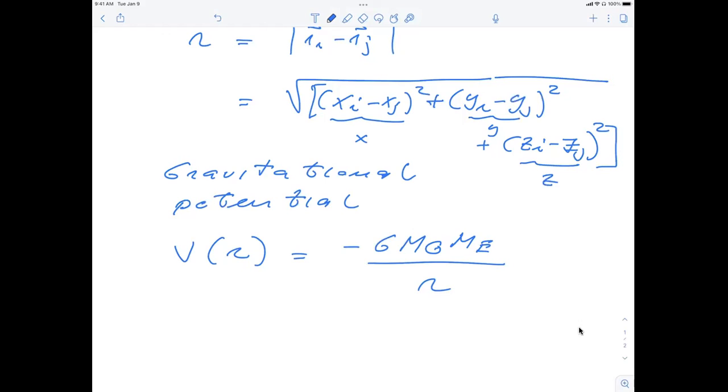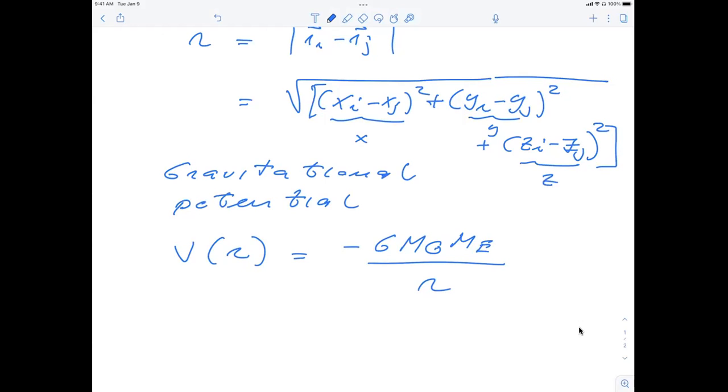Now, such a potential gives a scalar, just a number. You see also that it does not depend on any angle. So if you make a transformation to spherical coordinates, we call this potential isotropic. It means that it has the same expression irrespective of the rotation which we make.